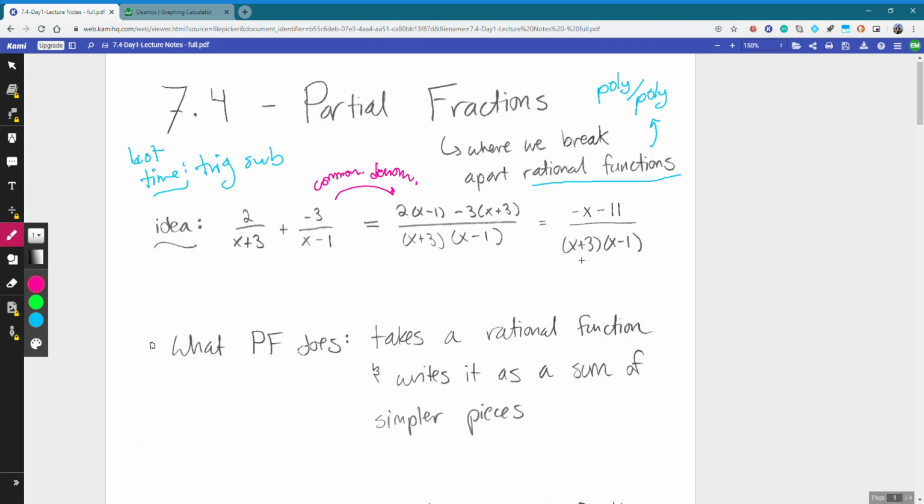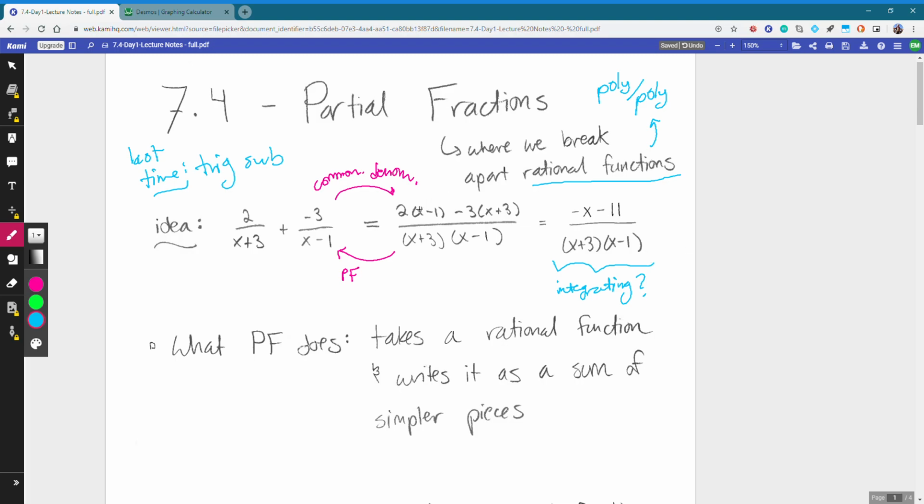And so the idea behind partial fractions is we like to actually undo this process. We'd like to move back to what we had to start with. The reason being, if we look at what is over here on the right, well, thinking about integrating, this thing on the right is not so clear how we are to find an antiderivative here.